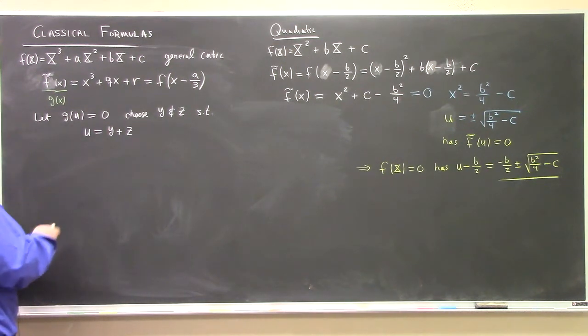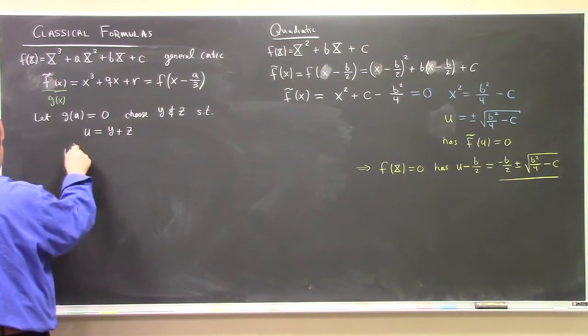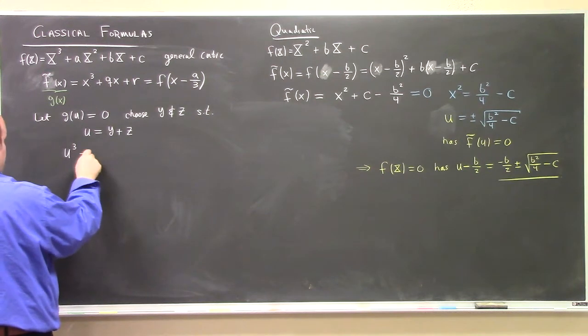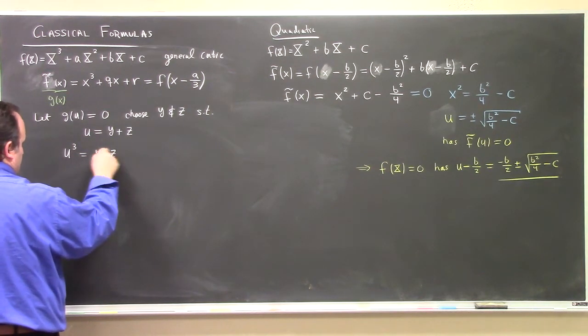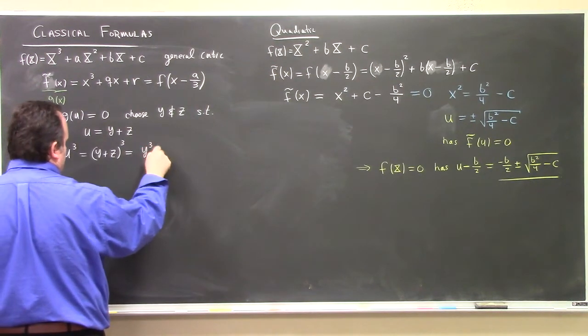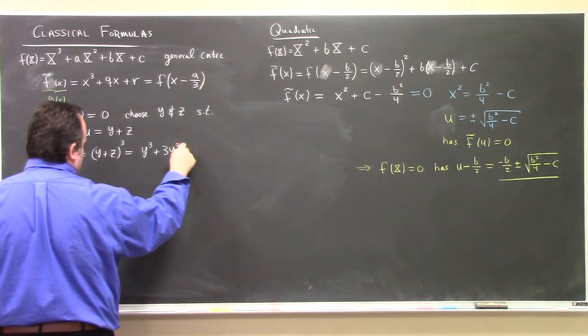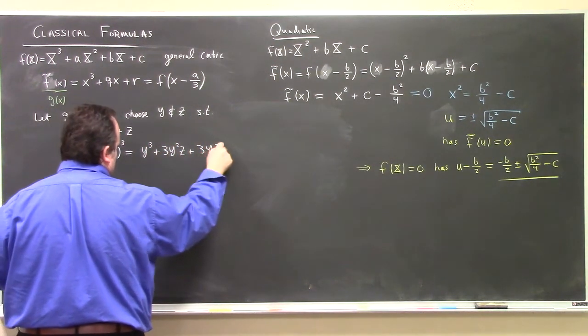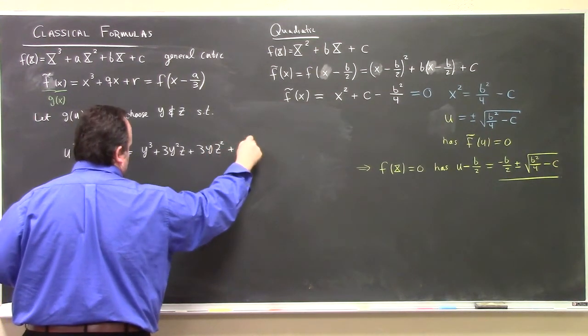Then u cubed will be equal to y plus z cubed, which will be y cubed plus 3y squared z plus 3yz squared plus z cubed.